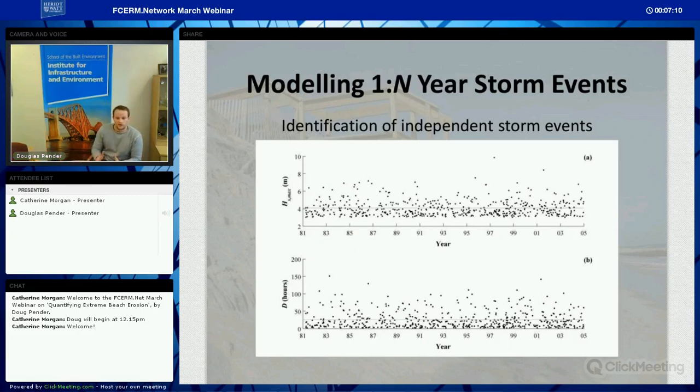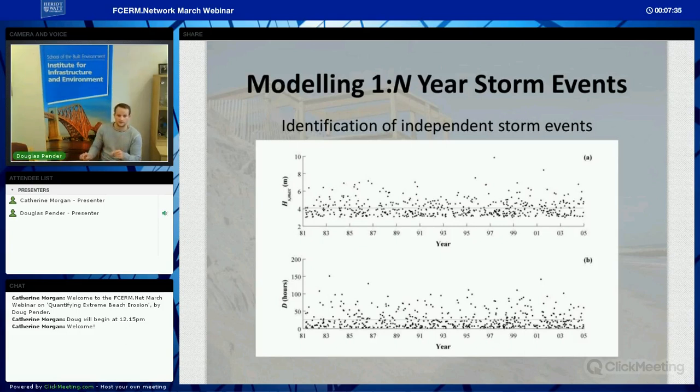Okay, so what happened at Narrabeen is we determined what changes in the wave climate introduced erosion. So at about a 3 meter wave height, that's when the beach started to erode. So an independent storm event was when the wave heights grouped together above 3 meters for a prolonged period of time, and when they had an independence of 48 hours between the next storm events.